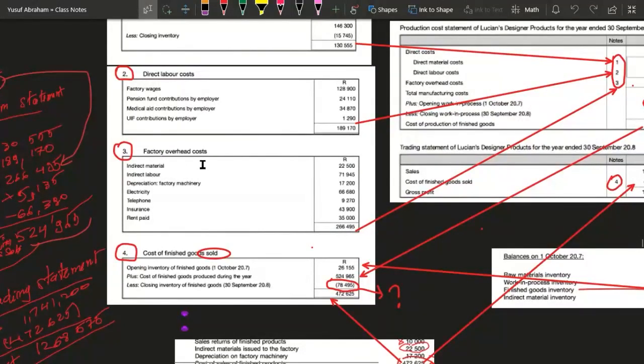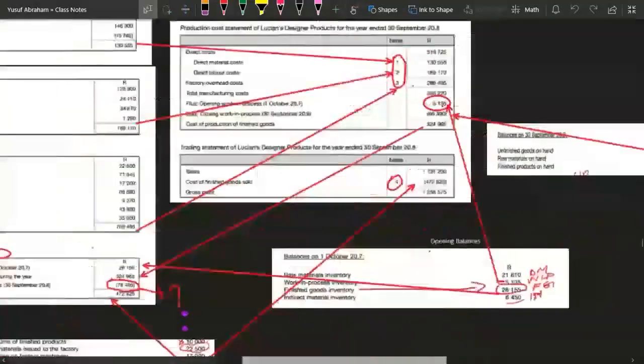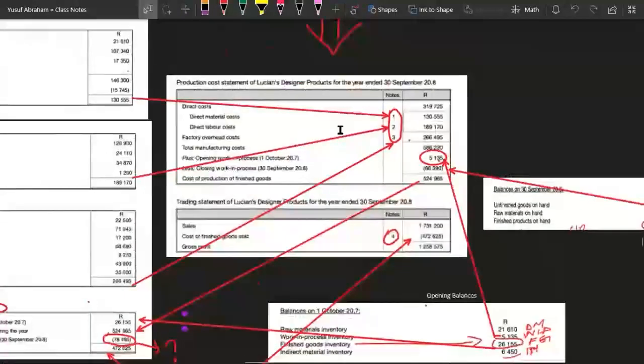Factory overhead, for only what is factory production related. So this will give you, for your production cost statement, the direct cost as well as the indirect cost, right? Factory overhead, right? It's going to give you everything to provide you with the total manufacturing costs.